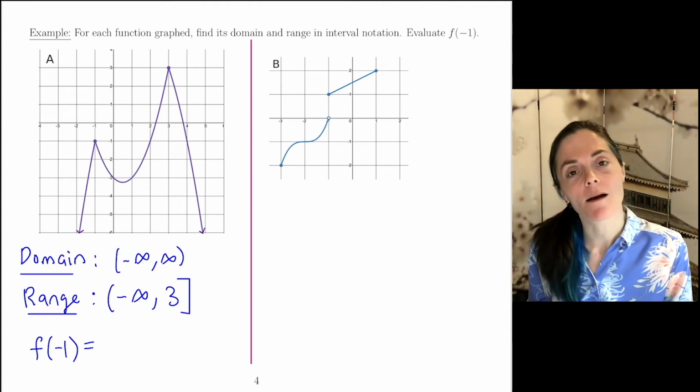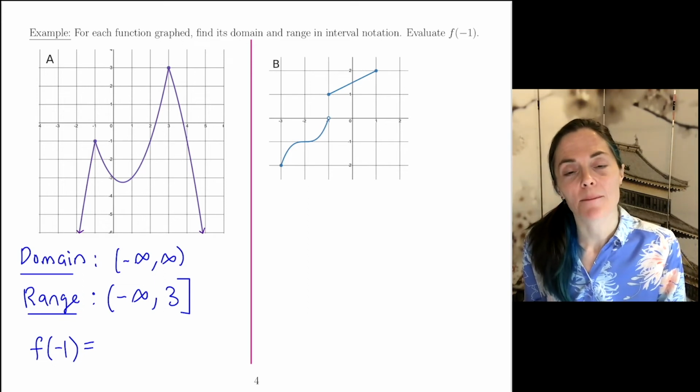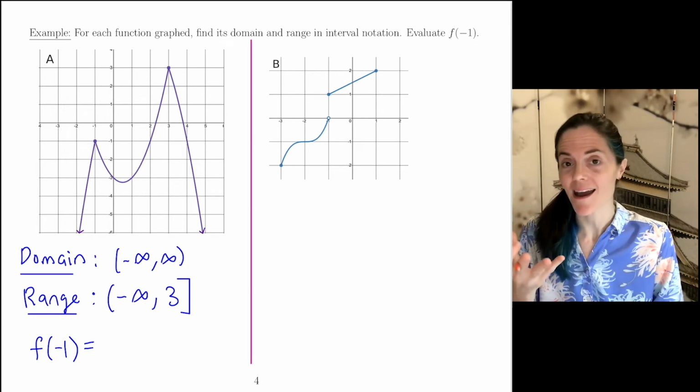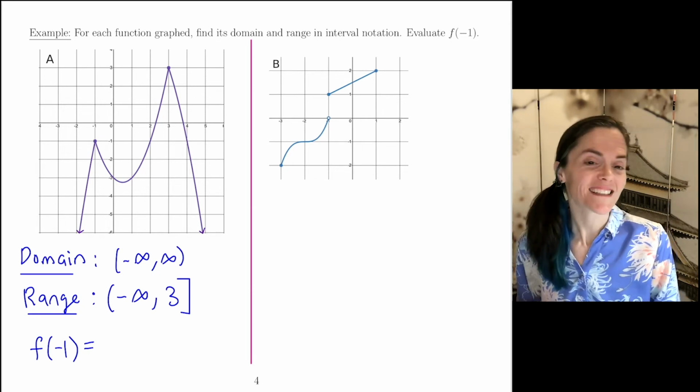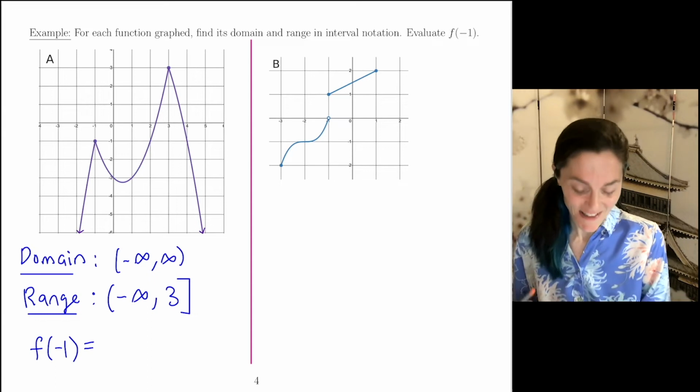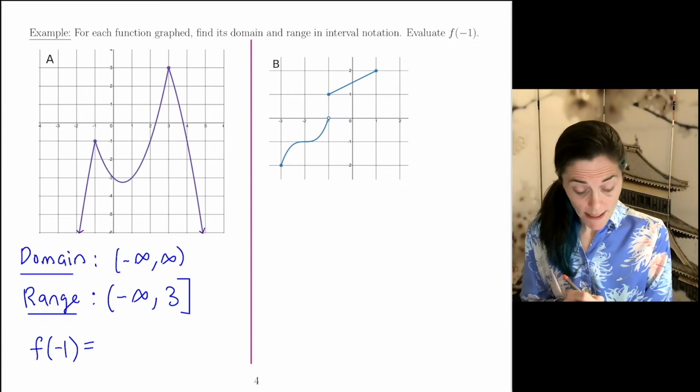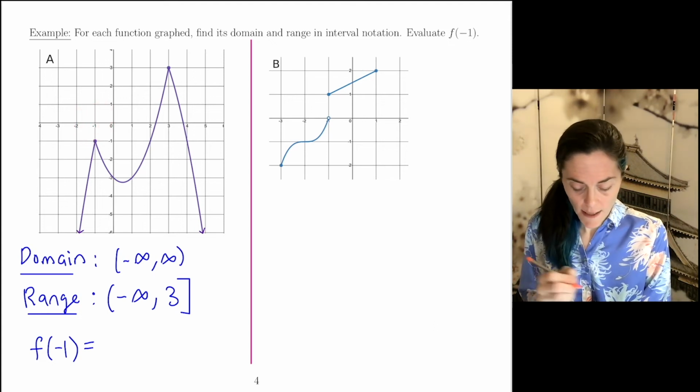Now the final part is evaluate the function at -1. This is a great exercise. It's really important to be able to look at graphs of functions and know what you're looking at as you move into calculus. So what is f of -1? Well, -1 is here. Okay, this is an x value. Maybe I will use some highlighter. Here's x equals -1.